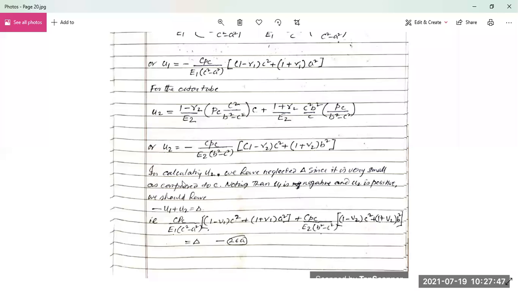So delta will be equal to, you put minus U1 here, so this minus will get plus, and plus U2. This minus will become minus, and this is equal to delta itself.